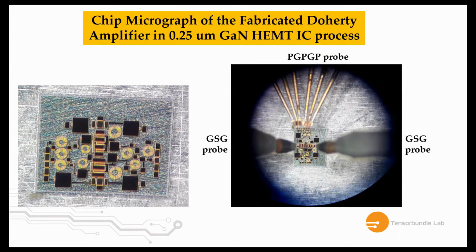So this is the fabricated real IC of the duality amplifier that I just showed a moment ago, and we fabricated it using a commercial foundry. And this is a micrograph taken directly from the microscope when I was measuring the duality amplifier.